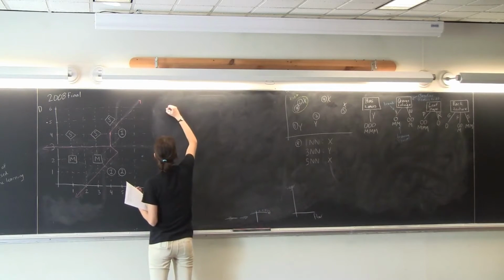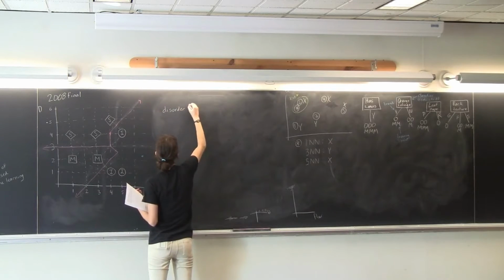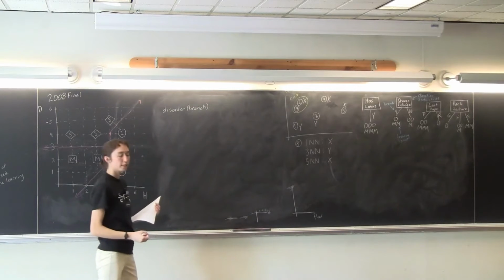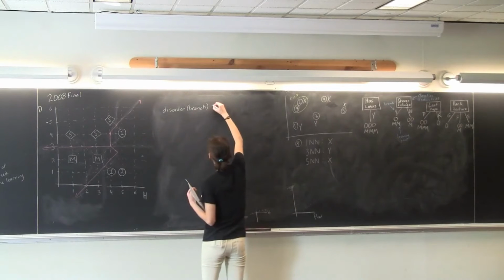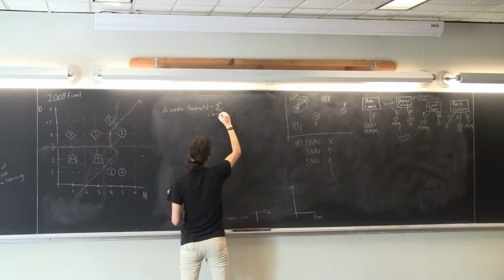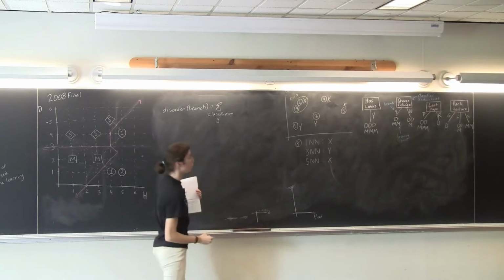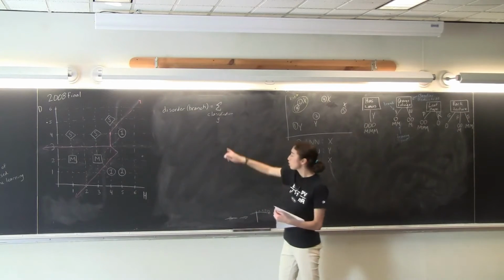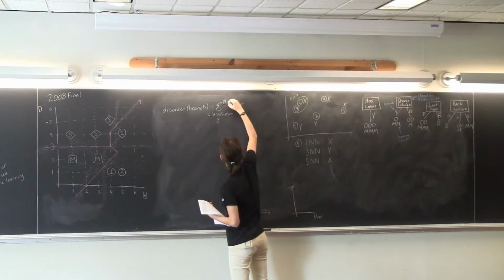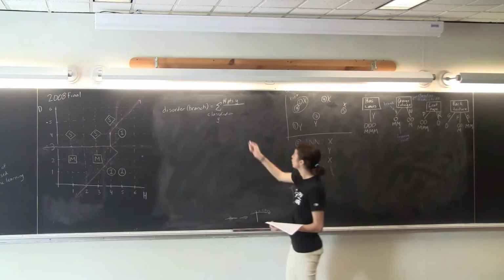So first we have the disorder of a branch. To calculate the disorder of a branch, we're going to sum over all of the possible classifications. So in this case, oak and maple. So we'll say the sum over all classifications, y. And for each classification, we're going to take the fraction of points that have that classification and divide it by the total number of points in the branch.